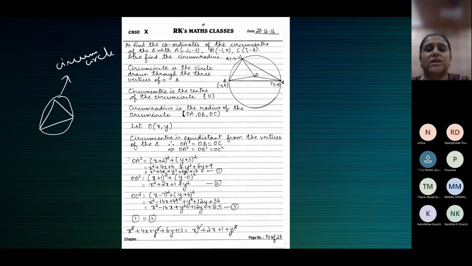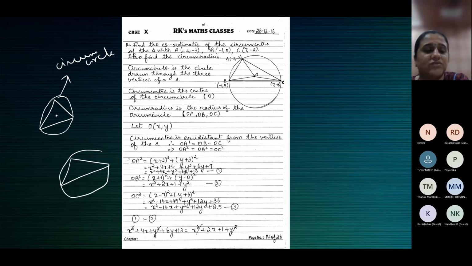And we know that every circle has a center, and the center of the circumcircle is called the circumcenter. What is a circumcircle? A circumcircle is a circle drawn passing through the three vertices of a triangle. This is the circumcircle. The center of the circumcircle is called the circumcenter.